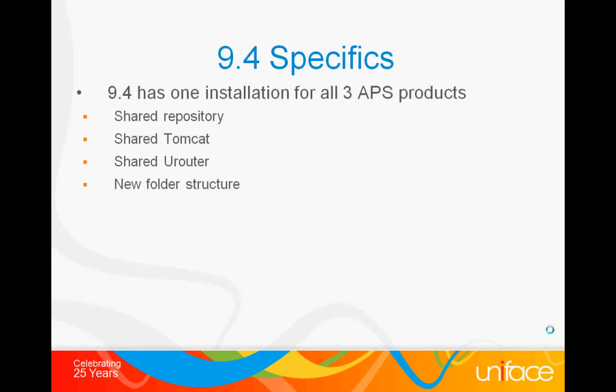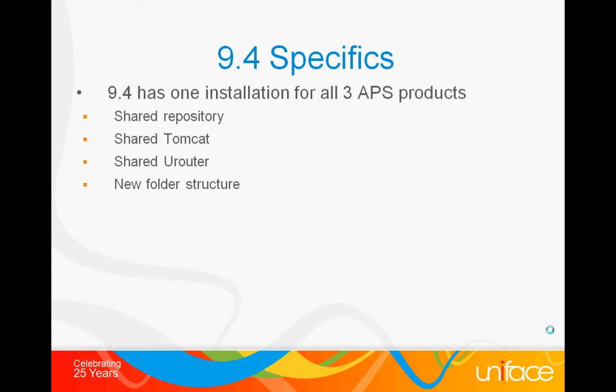One particular feature of Uniface 9.4 that gives a great advantage to the Uniface and Uniface Flow integration is the fact that there is a single installation for all three APS products. This means there is a single repository. In our case, we'll be using the standard Solid database that's installed.